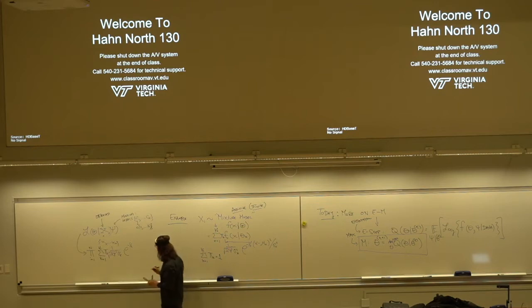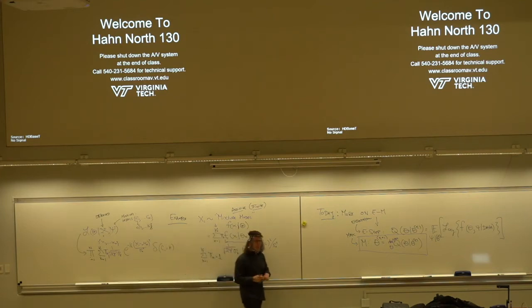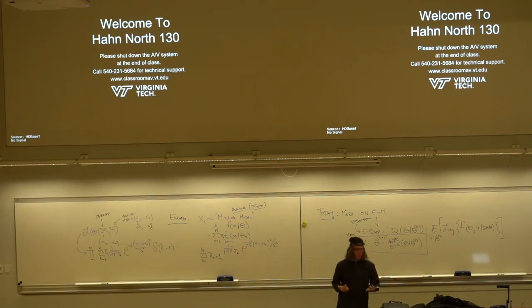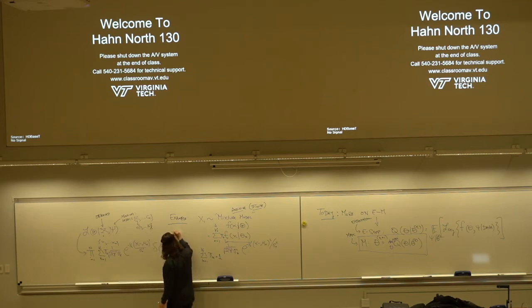E to the minus 1/2 xi minus mu k squared over sigma k squared. And I need this indicator function. And I'm going to write this down just a little bit differently than I've written before. So after I write down notation and it becomes a little bit cumbersome, I usually simplify and I tell people what it means. So this is the indicator that xi came from component k.